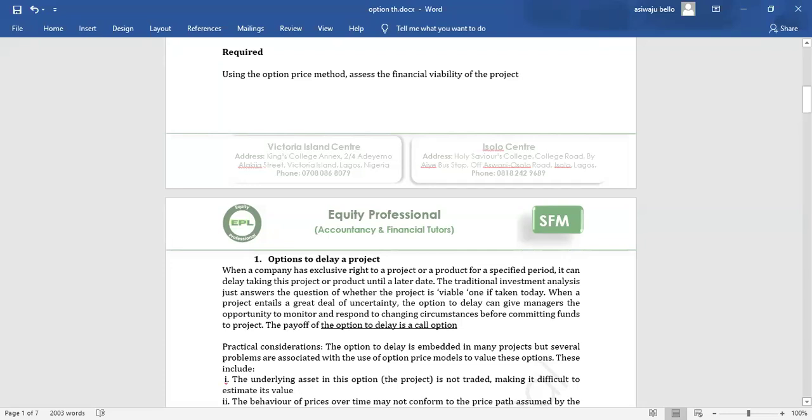We take that again. Where a capital project involves a greater degree of uncertainty, management can decide to delay the project for some years with a view to reducing the level of uncertainty and improve the project profitability.